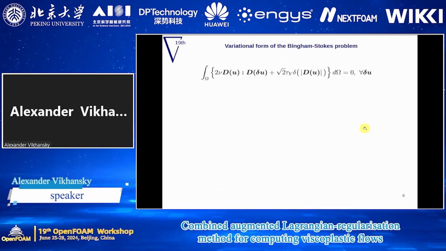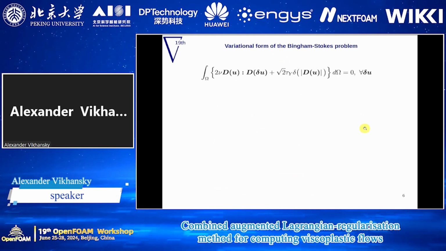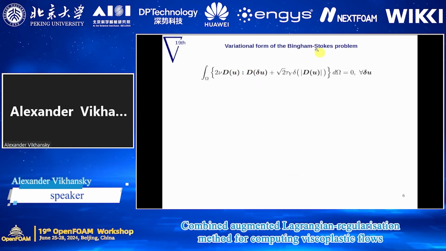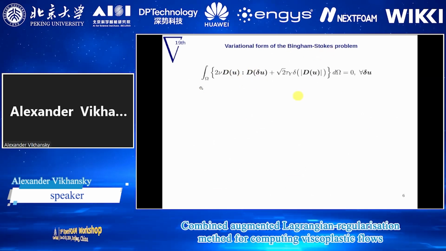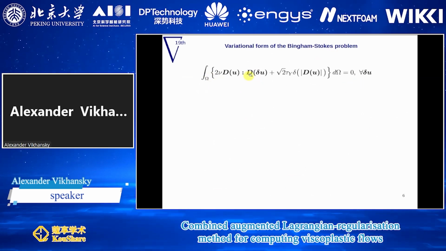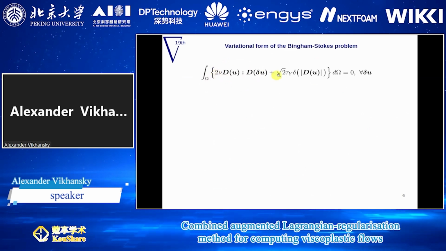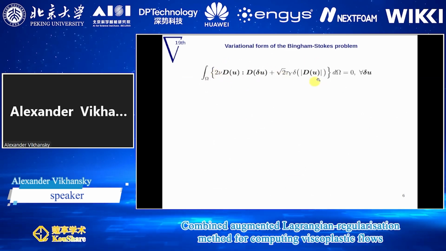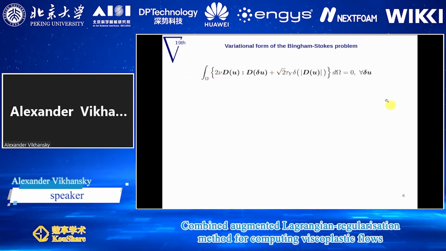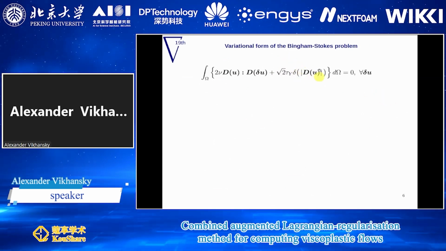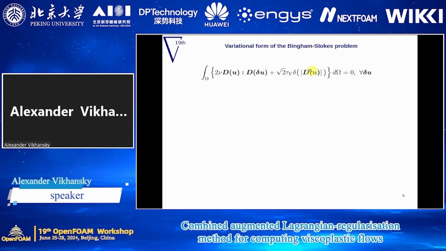It is why maybe 40 years ago, an exact method was proposed based on a variational principle. So let's consider only the Stokes problem. This is a variational principle. This is a virtual dissipation by the viscosity. This is virtual dissipation by the plastic forces. And the main problem is this term is non-differentiable.